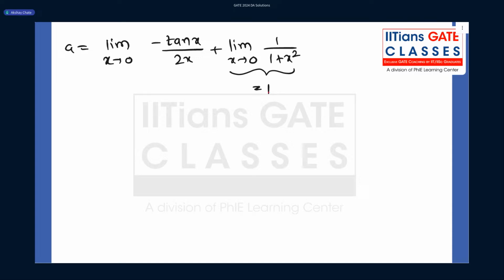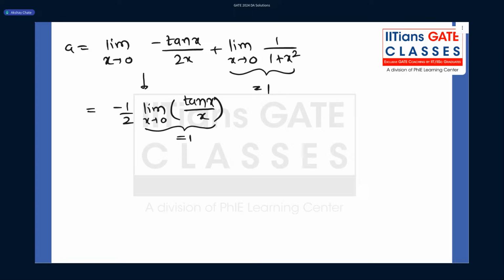And here you can further simplify it. You can take minus 1 by 2 common because it's a constant, and then you can put the limit x tending to 0 of tan x by x. And we know it's a standard result that this value is 1. So tan x by x or sin x by x, when x tends to 0, that limit is 1.